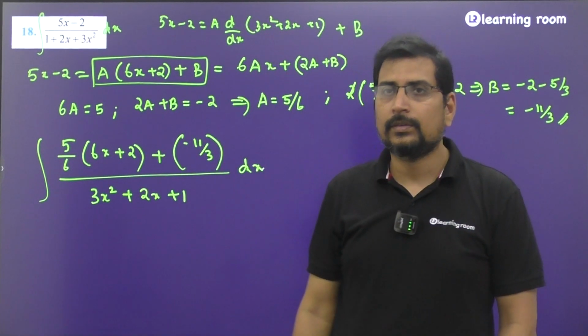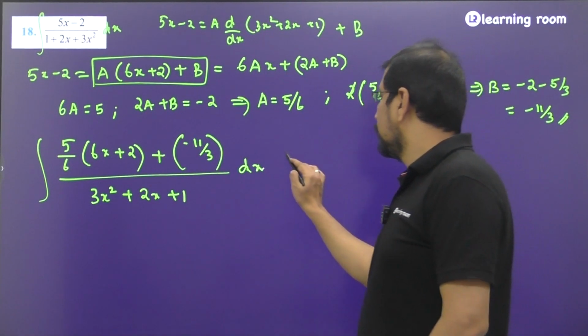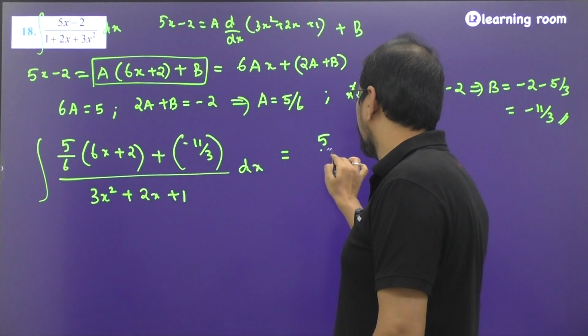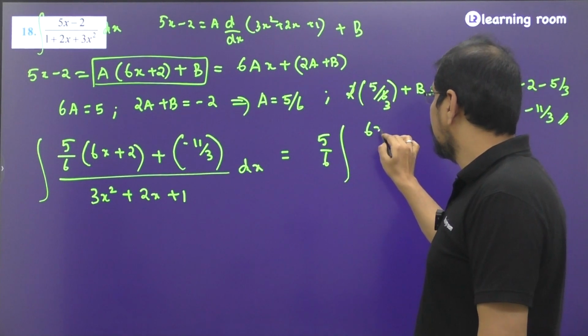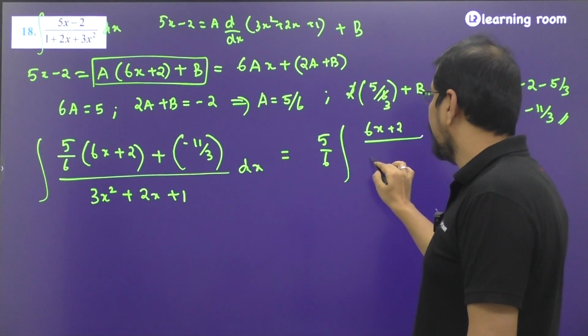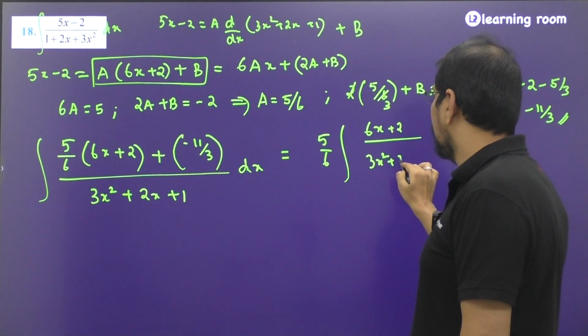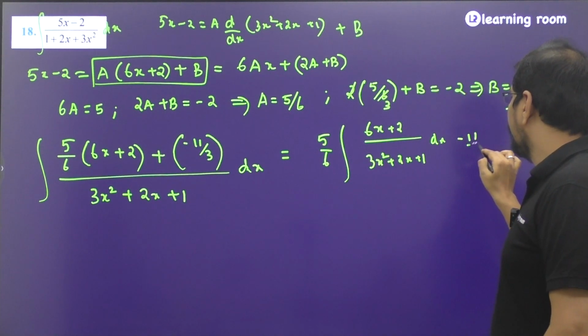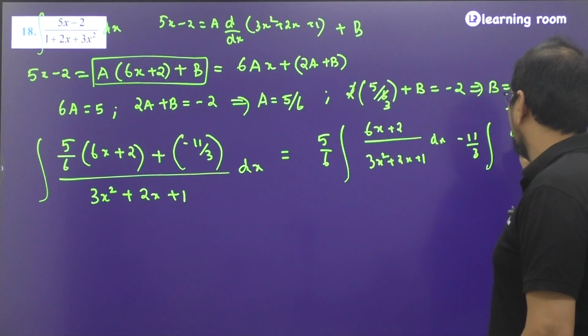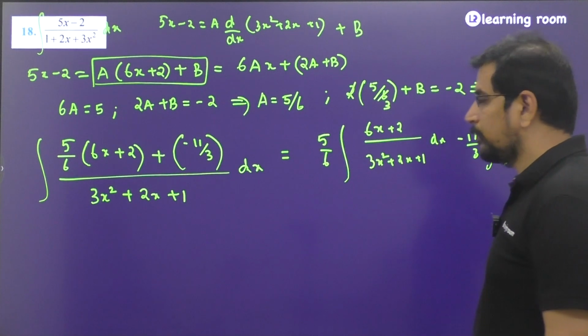Am I clear with this? So this will be equal to 5 by 6 into integral of 6x plus 2, the whole divided by 3x square plus 2x plus 1 dx, minus 11 by 3 into integral of dx divided by 3x square plus 2x plus 1.